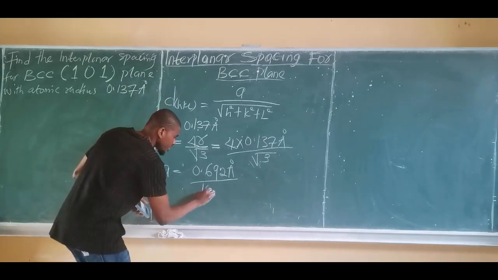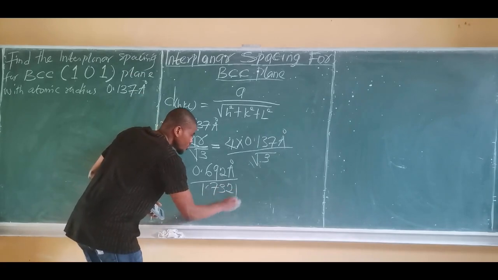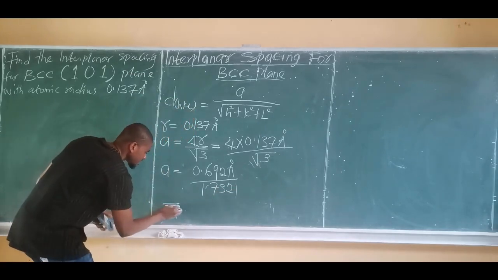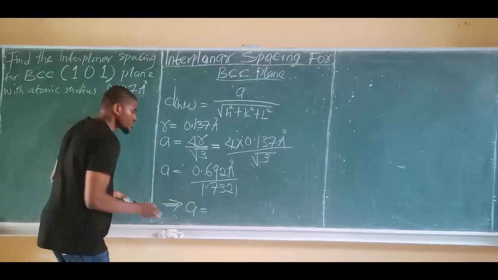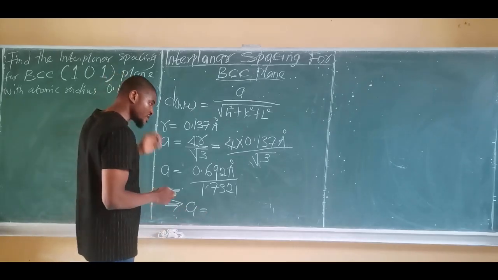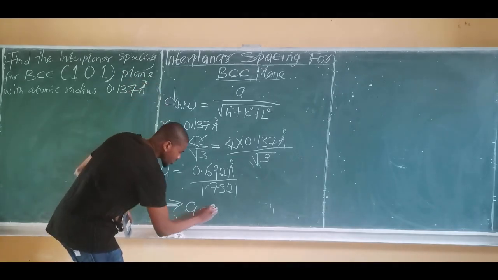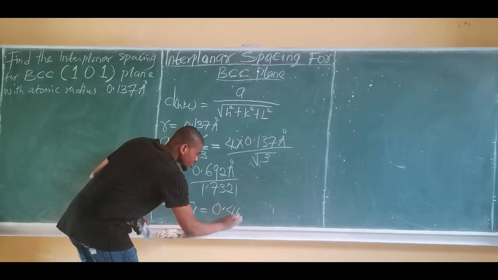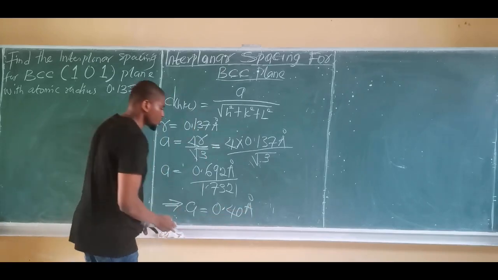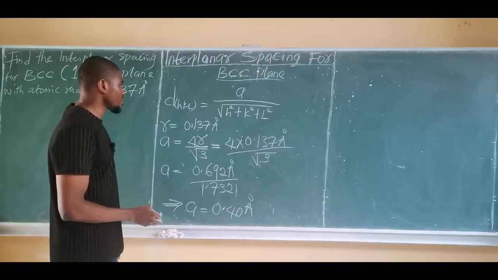That gives us 1.7321. So this simply implies that the lattice constant a is equal to, let's obtain 0.692 divided by that answer. That gives us approximately 0.40 Armstrong units. So this is now the value of our lattice constant.